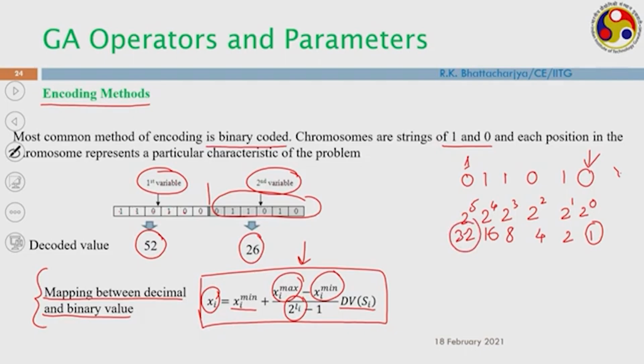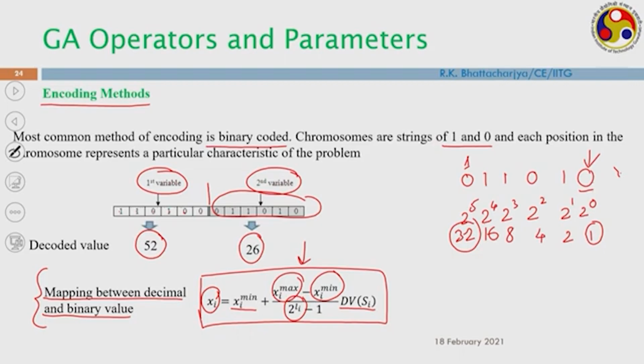Therefore, the left hand side bits are more significant bits. If there is any change in a left hand side bit, the corresponding change in the decoded value will be very large. Similarly, if you change a right hand side bit, the corresponding change in the decoded value will be very small.